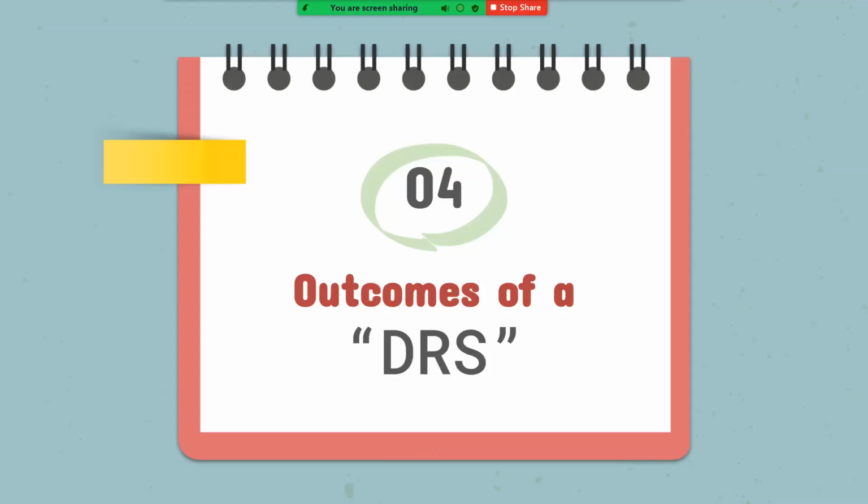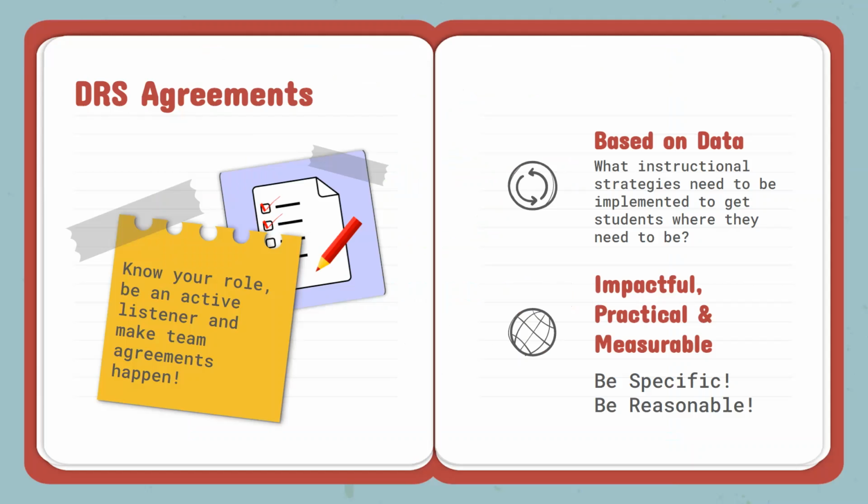So, what can you expect as an outcome to the DRS process? The first outcome of a DRS is your team agreements. Make sure that you know your role when leaving the DRS in making the agreements that your team decided on a reality. Also, make sure your team agreements are impactful, practical, and measurable.